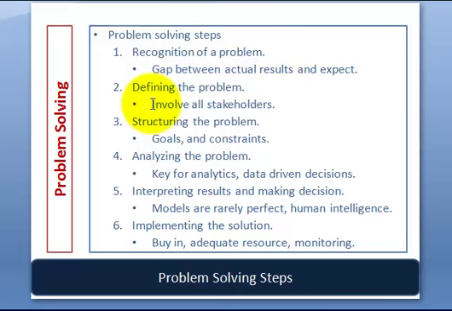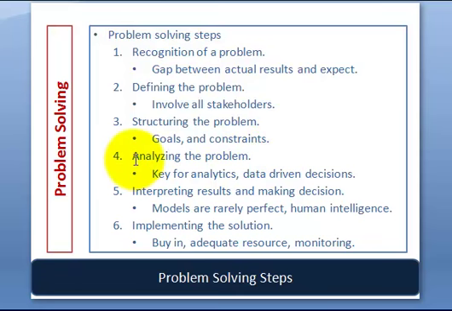Usually you want to get all the stakeholders involved, everybody that's influenced by what's happening, because you don't want to put a solution in effect and then find out there are consequences you didn't think about. So involving all the stakeholders up front is very important. Then you want to structure the problem. What's the goal? What does success look like? What are the constraints? Are there any constraints or requirements that we have?